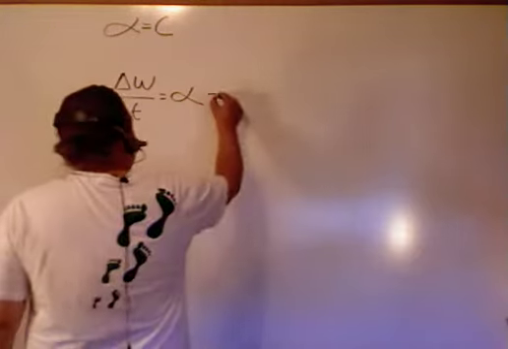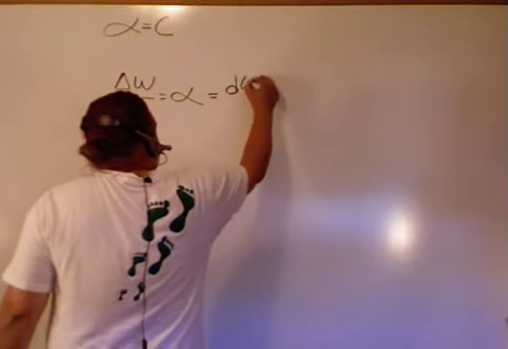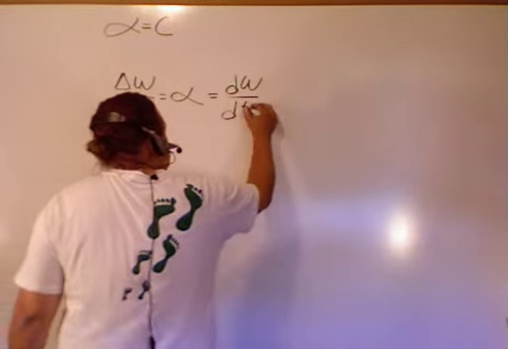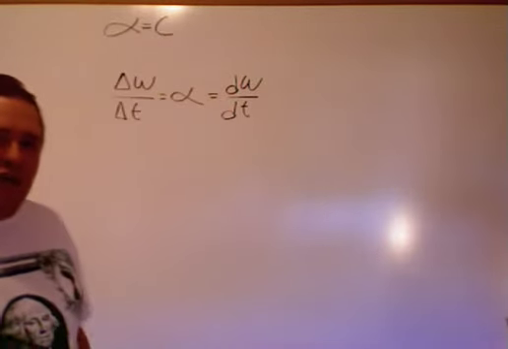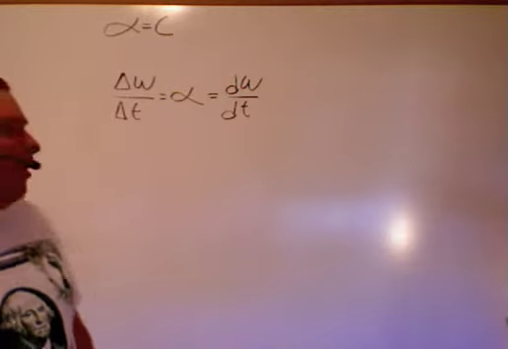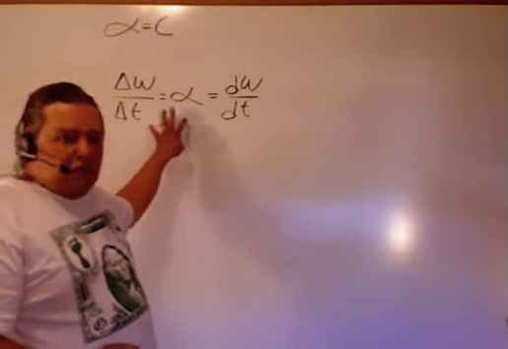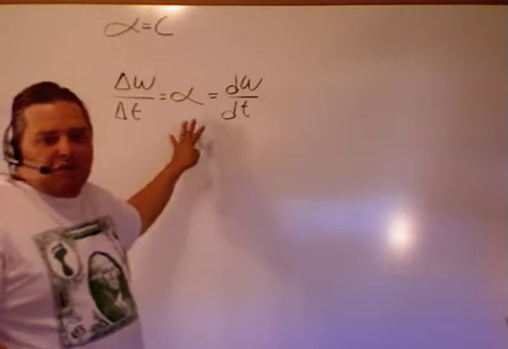Using calculus notation, we can say this instead, meaning basically the same thing, just over a smaller and smaller chunk of time and space. So both of these hold true. Using that, we're going to come up with our next equation.